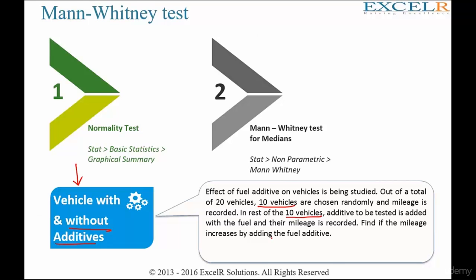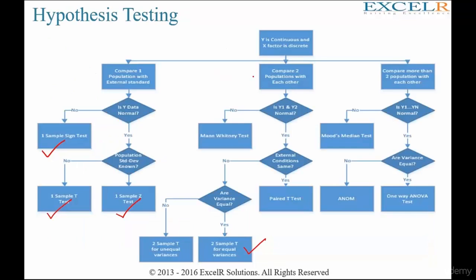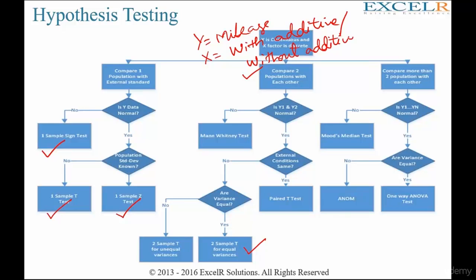So here we are comparing two populations with each other. We are comparing the mileages of the two groups of vehicles. So Y, the output variable, is the mileage, and X is two categories: one with additive and another without additive.